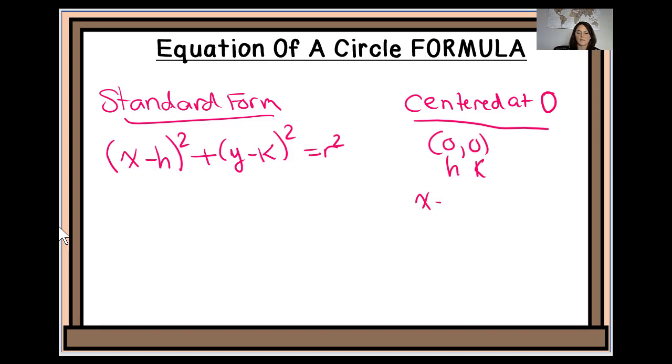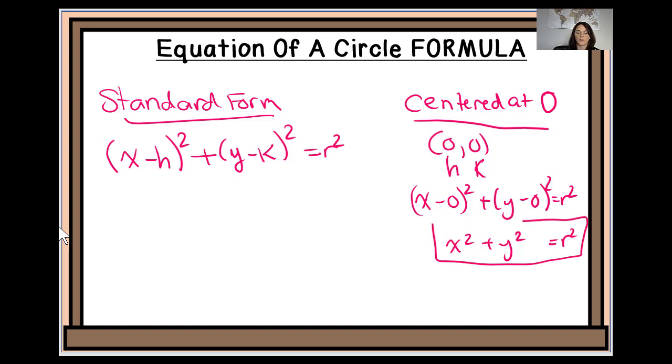This leaves us with x minus 0 squared plus y minus 0 squared equals r squared. And if we simplify, we're just going to have x squared plus y squared equals r squared. So these are the two formulas, the standard form and the equation centered at 0. Today we're going to be focusing on the equation where x squared plus y squared equals r squared.